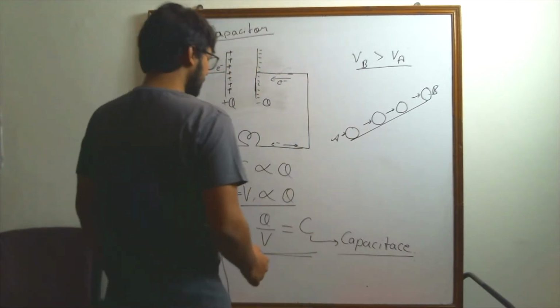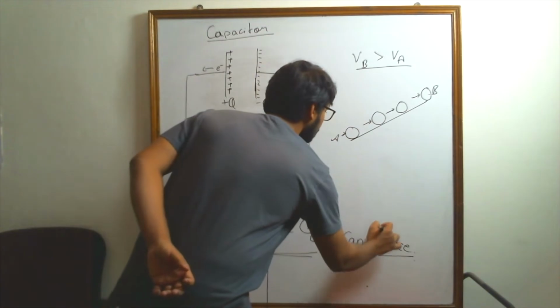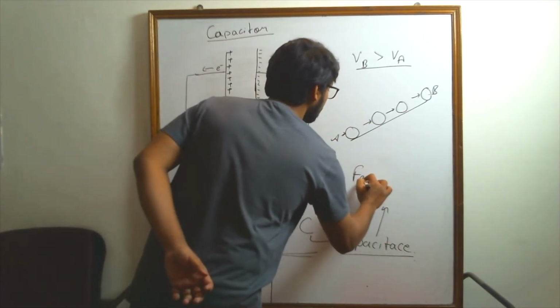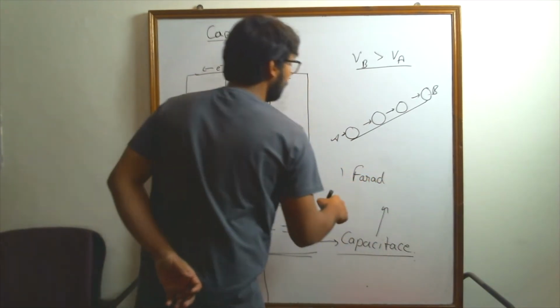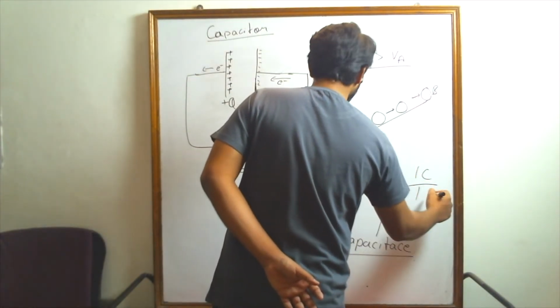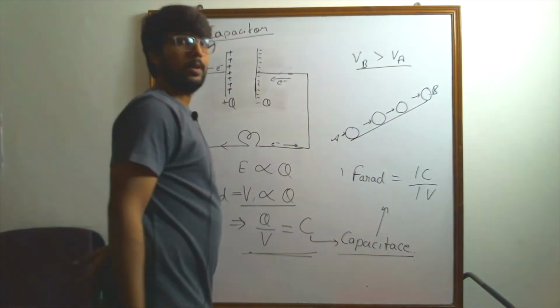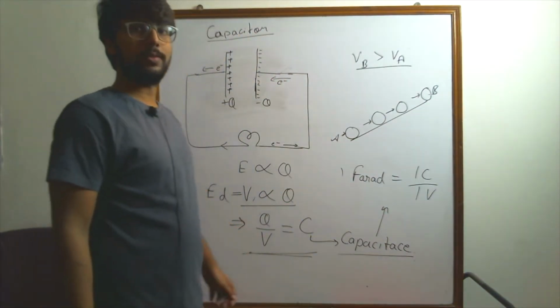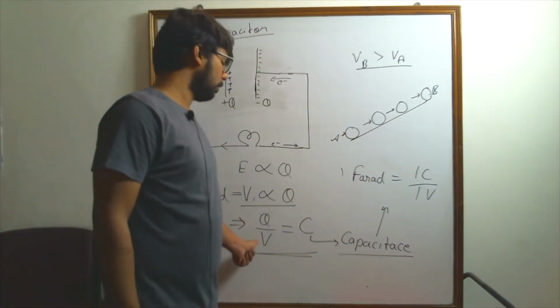The unit, obviously, is something called a farad. 1 farad is equal to 1 coulomb per 1 volt, the unit of potential difference.